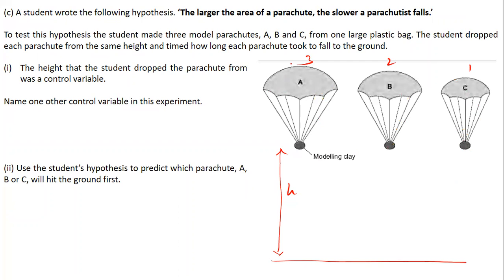The mass of the modeling clay. Mass of the modeling clay. Wow, that's great. Any other parameter do you think will be useful apart from the mass of the modeling clay? I'm asking you to give 2 control variables. Tell me.